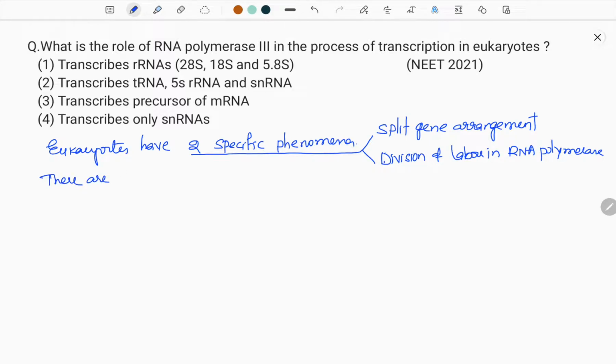Division of labor means that, according to the RNA they form, RNA polymerase can be divided into three types. There are three types of RNA polymerases. What are they? They are simply named as RNA polymerase 1.